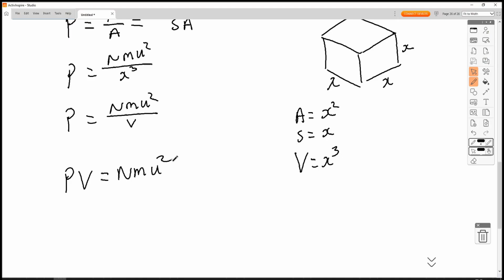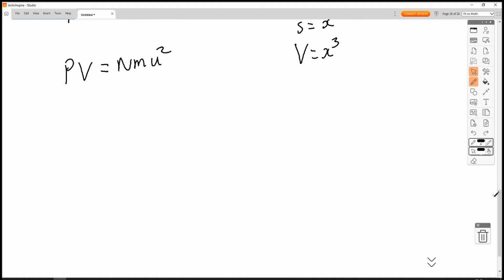Now, this entire time, we've assumed our molecule to be moving in one direction. So now what we want to do is make it move in all three dimensions. So the molecule velocity has 3 components.